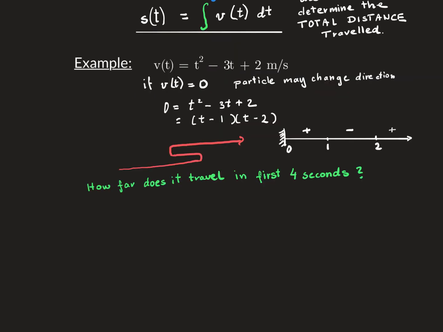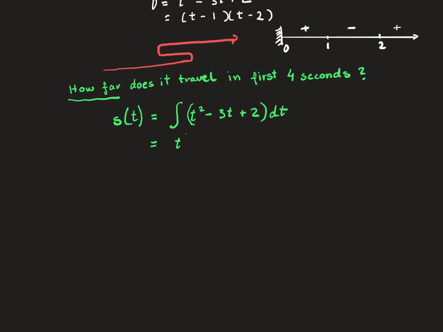But to determine how far it travels in the first 4 seconds, we're going to have to look at the displacement function. This can be done only by integrating the velocity function, which happens to be t squared minus 3t plus 2, with respect to t.